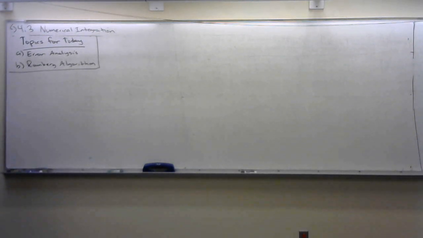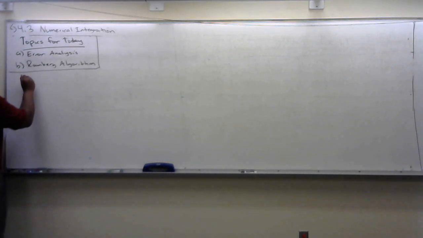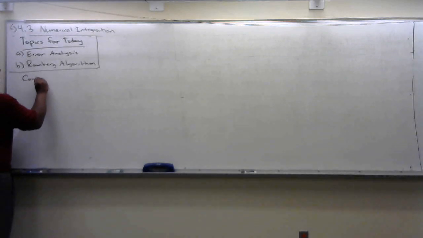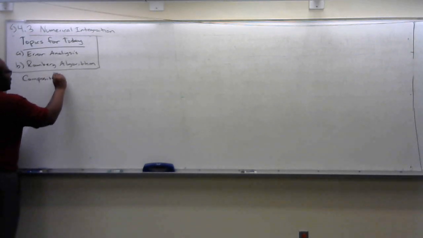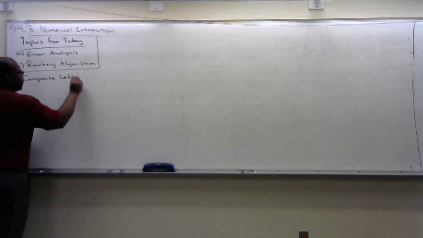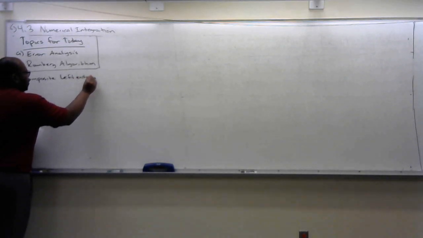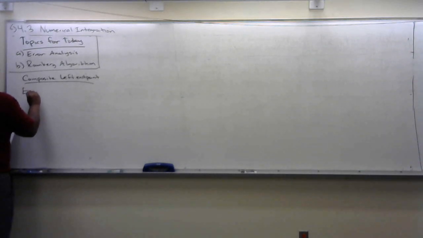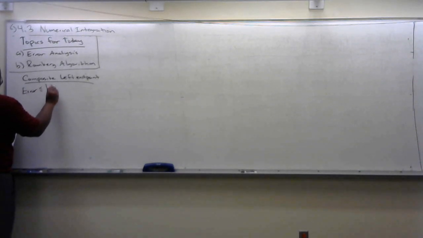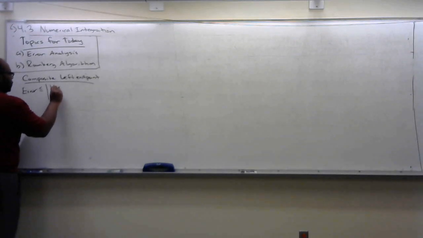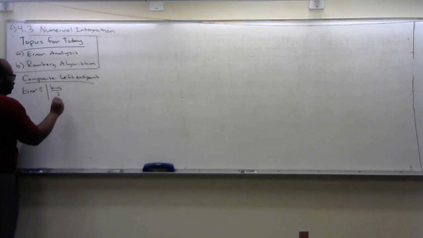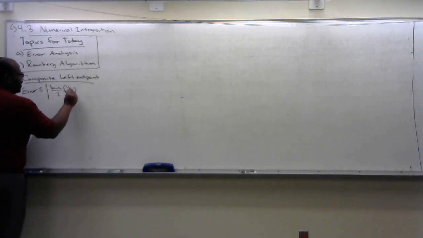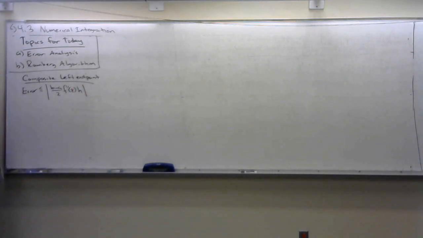If you remember from last time, we talked about how the composite methods, like the composite left endpoint method, had an error that was no bigger than (b minus a) divided by 2 times f prime at z times h. We saw this last time.